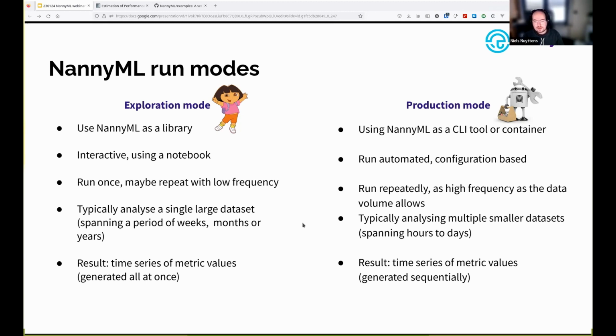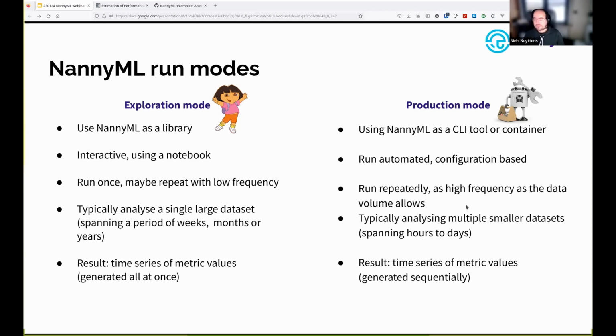And in that way, you can run NannyML in a repeated fashion with a frequency as high as the volume of your model inputs and outputs allows. Because of course, we still do a lot of statistical tests. So we want to have a volume of data that is large enough for the tests to be statistically relevant.